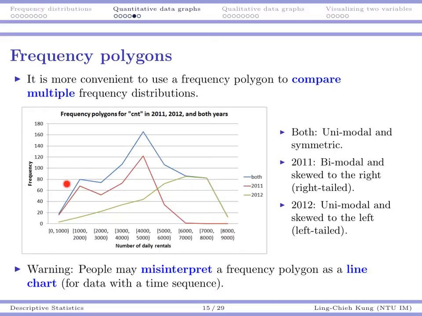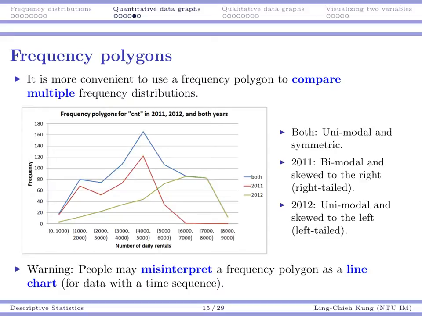Then the blue line, of course, is just the frequency polygon I depicted in the previous slides. And then the red line is for 2011 and the green line is for 2012.